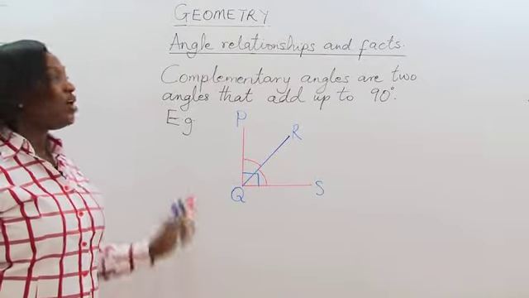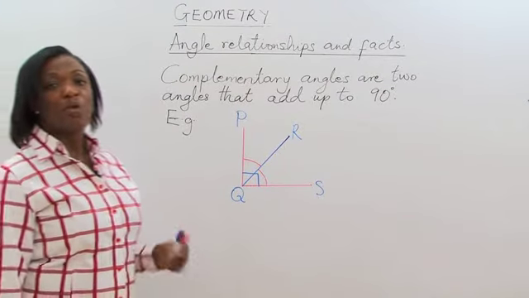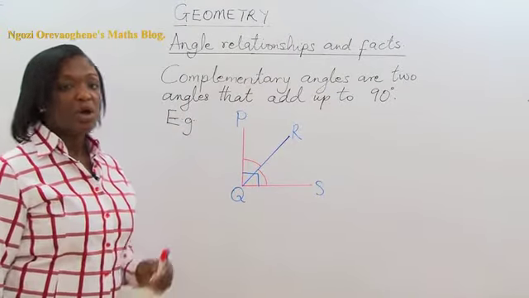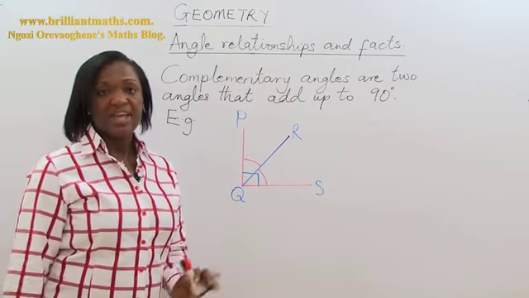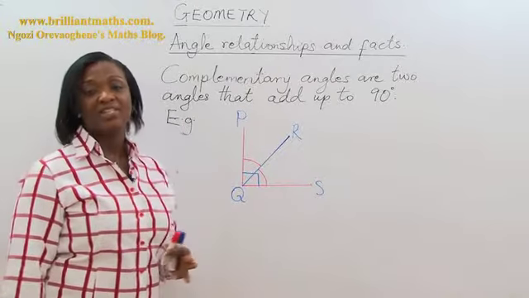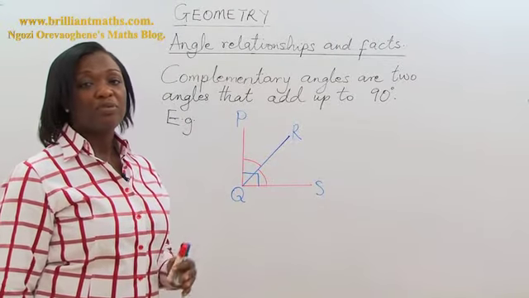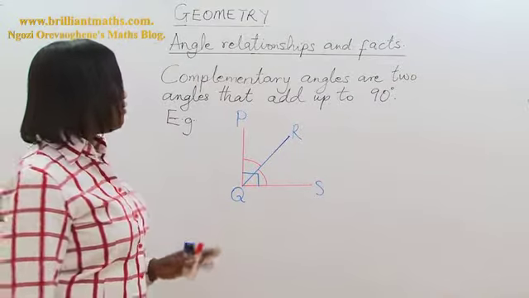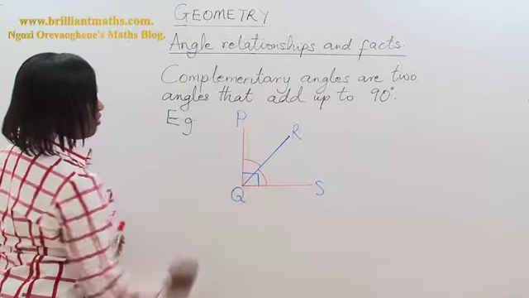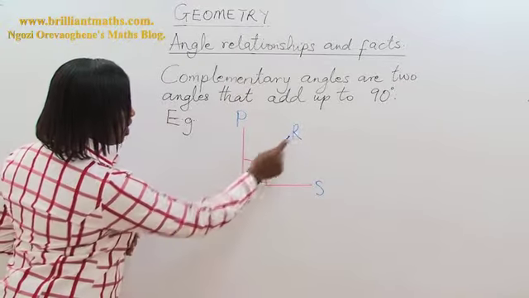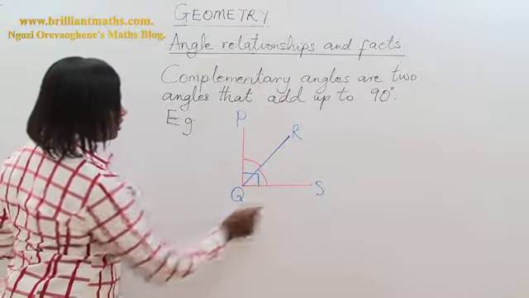Next, let's look at complementary angles. What are complementary angles? Complementary angles are angles that add up to 90 degrees. They are actually two adjacent angles that add up to 90 degrees. For example, we have angle PQR and angle RQS.